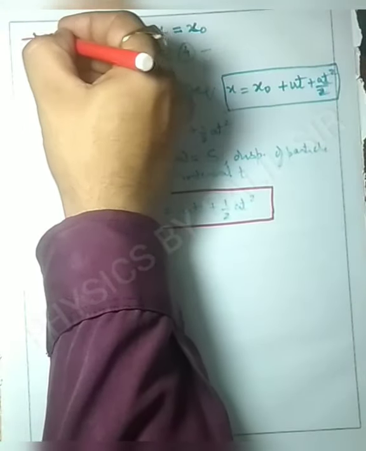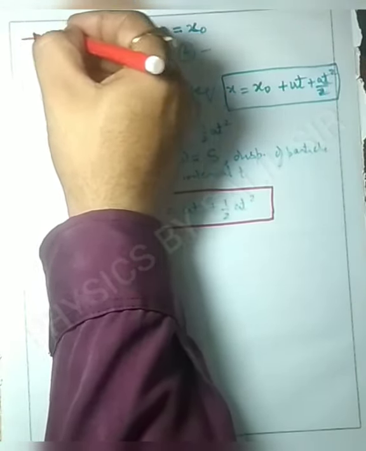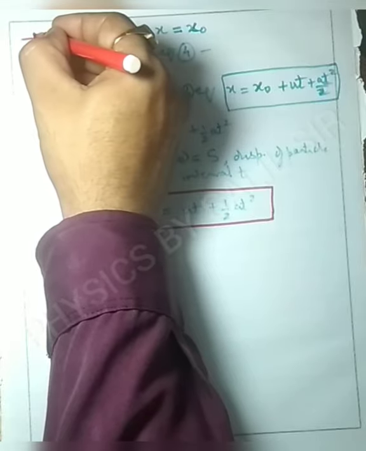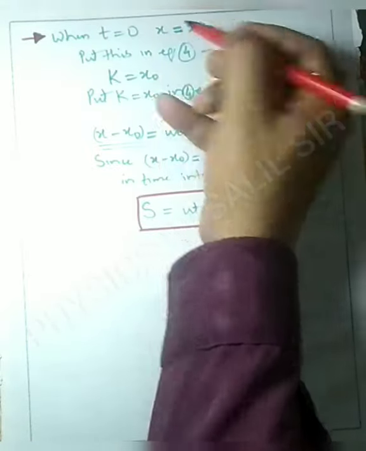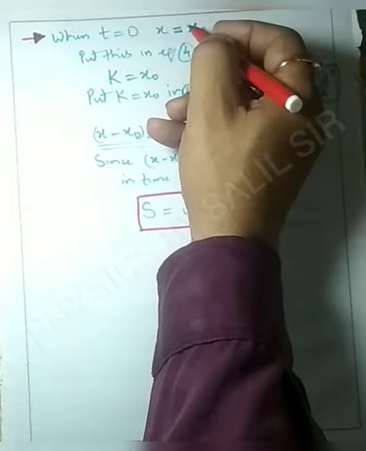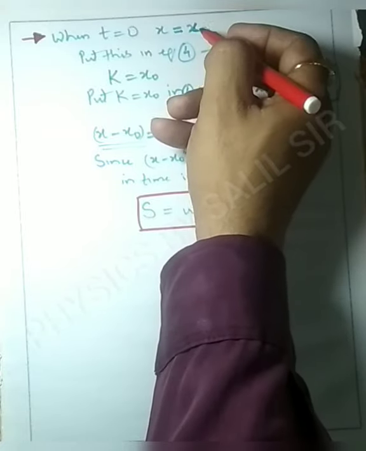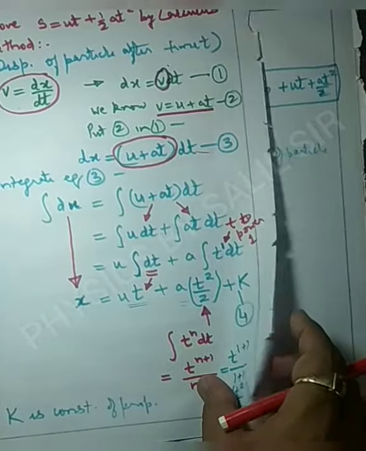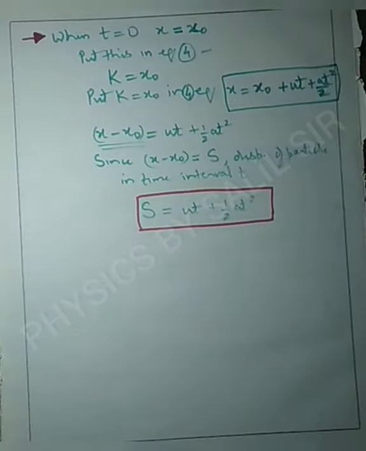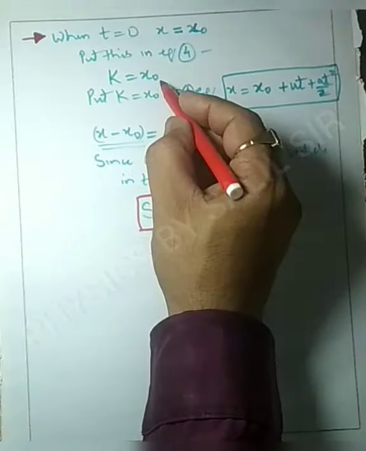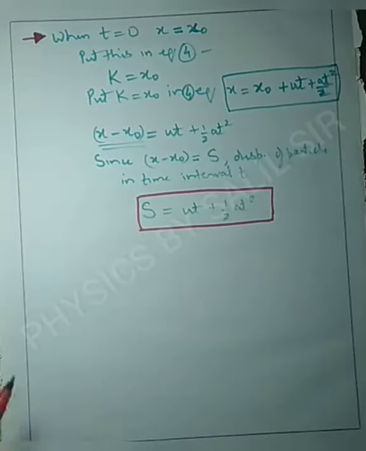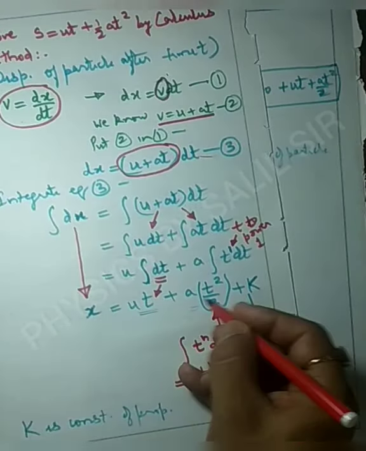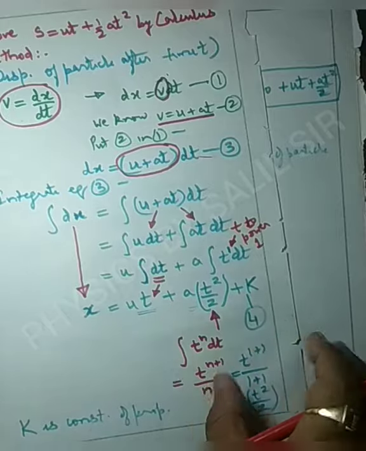After this we refer to the initial condition, when the time is 0, then the displacement is represented by x is equal to x naught. When we put this in equation number 4, then we will get k is equal to x naught, because due to t the first and second terms will become 0, so k is equal to x naught.